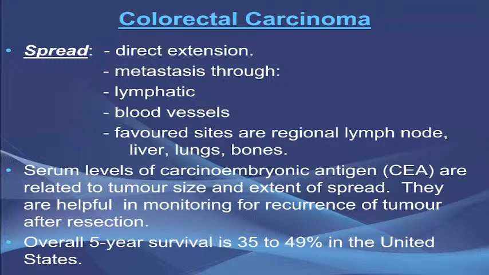The overall survival rate for colorectal carcinoma is about 35 to 49%. So this means that close to 50% of the patients with colorectal carcinoma will have died by 5 years.